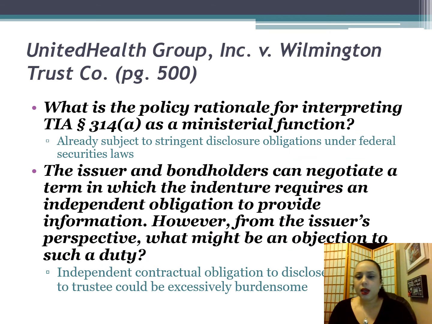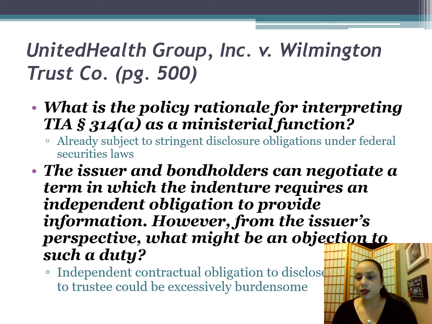And so the policy rationale for interpreting this provision as a ministerial function, well, gosh, perhaps we don't want to give too much teeth to this obligation to deliver required SEC filings to the trustee because the issuer is already subject to stringent disclosure obligations under federal securities laws.